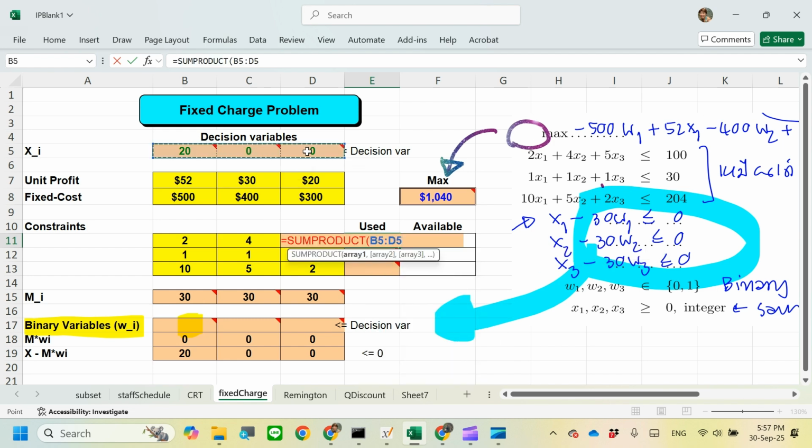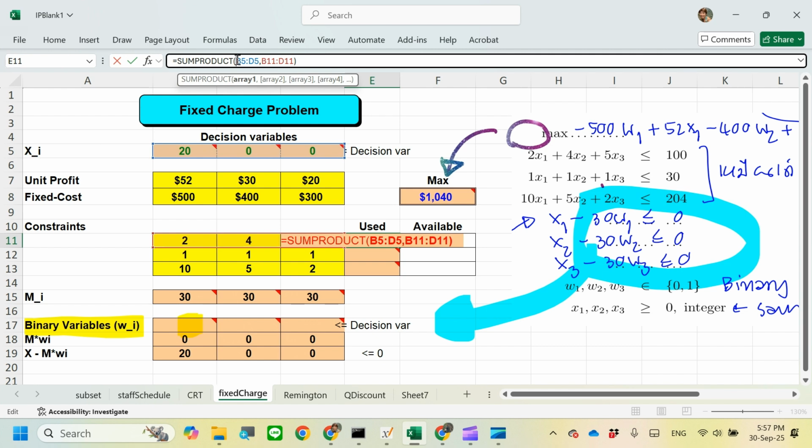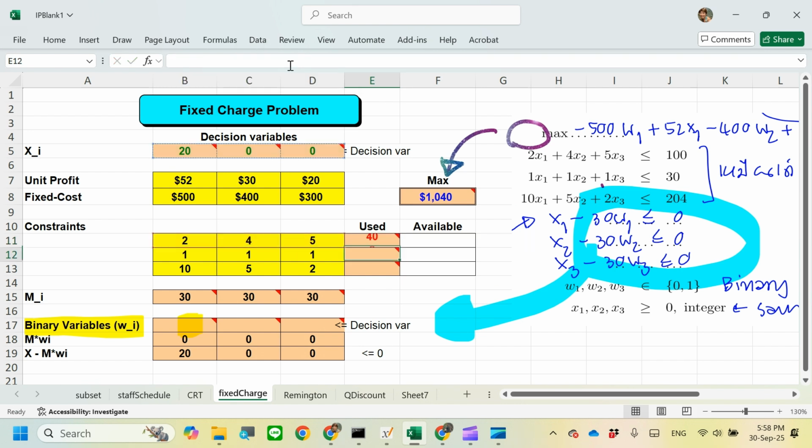So this, and then this. We have to fix the row 5. Oh, sorry. And then I just drag them down. And then available is 130 and 204. Okay, so I think I'm all done.